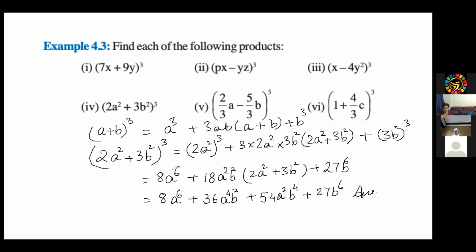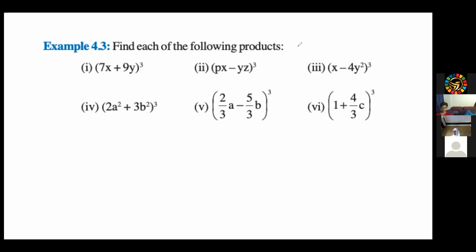Now, should I erase this question? Ma'am, you can erase. Everyone else has completed? So I'm erasing it.